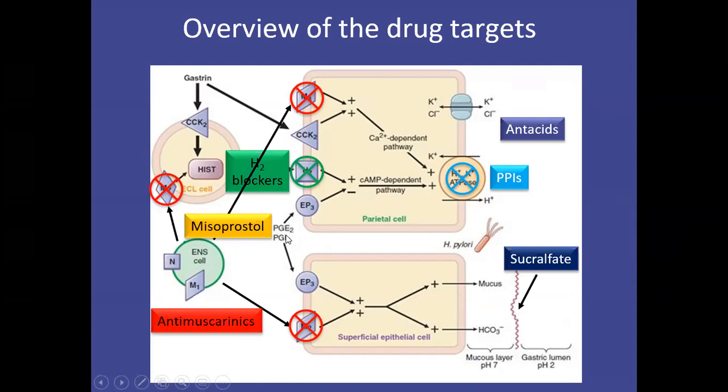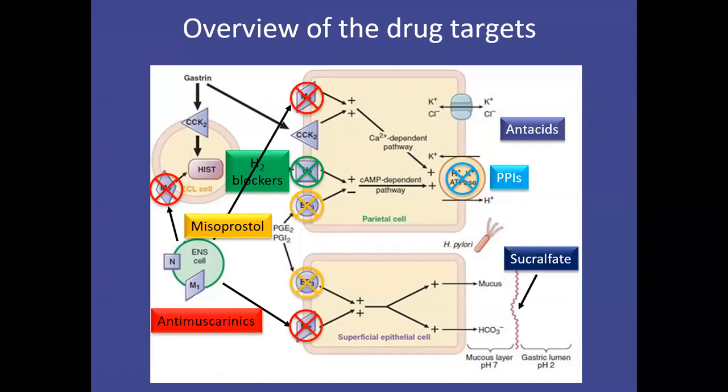So prostaglandins have two roles, decreasing the production of acid and increasing production of mucus and bicarbonate from epithelial cells. So misoprostol is basically a prostaglandin analog. So both the decrease in acid production and increase in mucus production will occur.